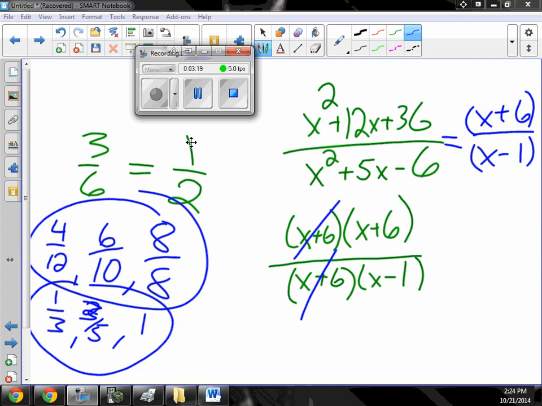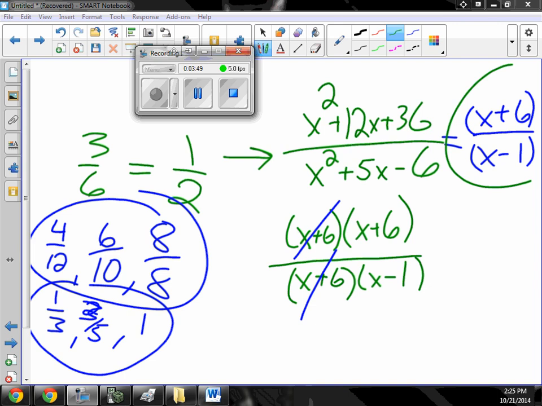Okay, now, everybody agrees we would much rather graph this. But we did eliminate one part of the graph that we need to remember. So yesterday we talked about discontinuities. Where are the places that x is not allowed to be?